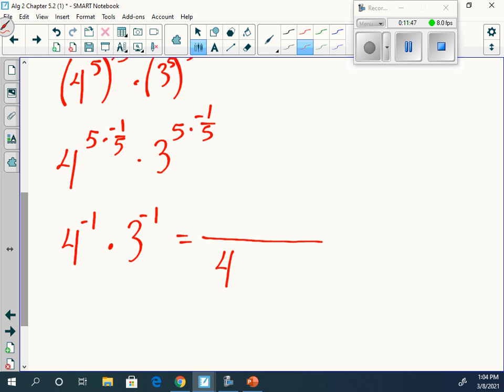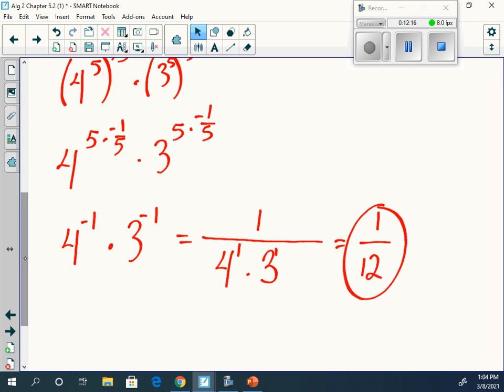Now, we don't have to write 4 to the 1 because it's understood. We can do the same thing with 3 and move them both to the denominator. And we could say 4 to the first power times 3 to the first power, or just 4 times 3. And what is 4 times 3? 12. And we get 1/12.